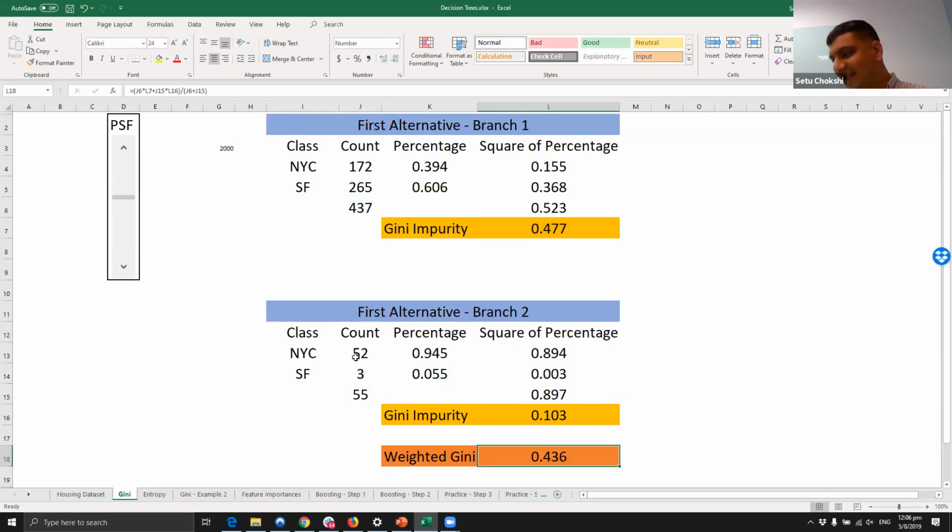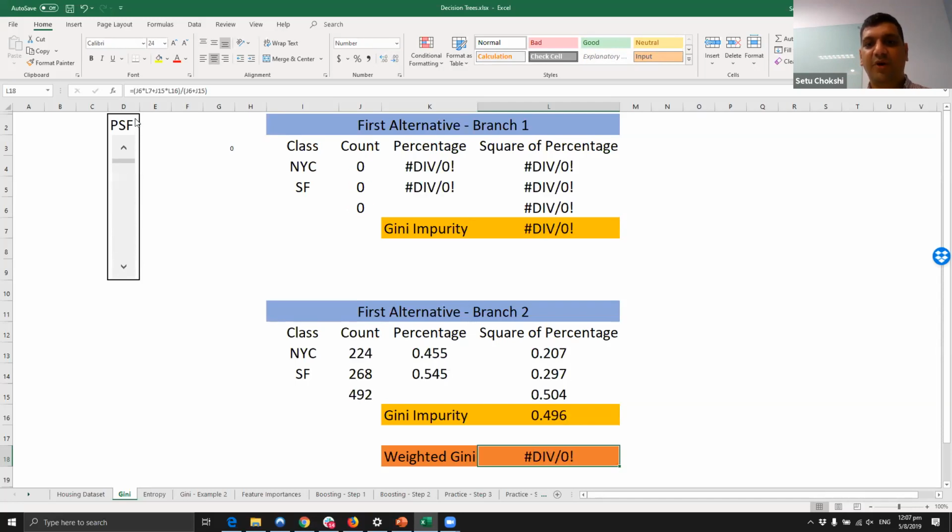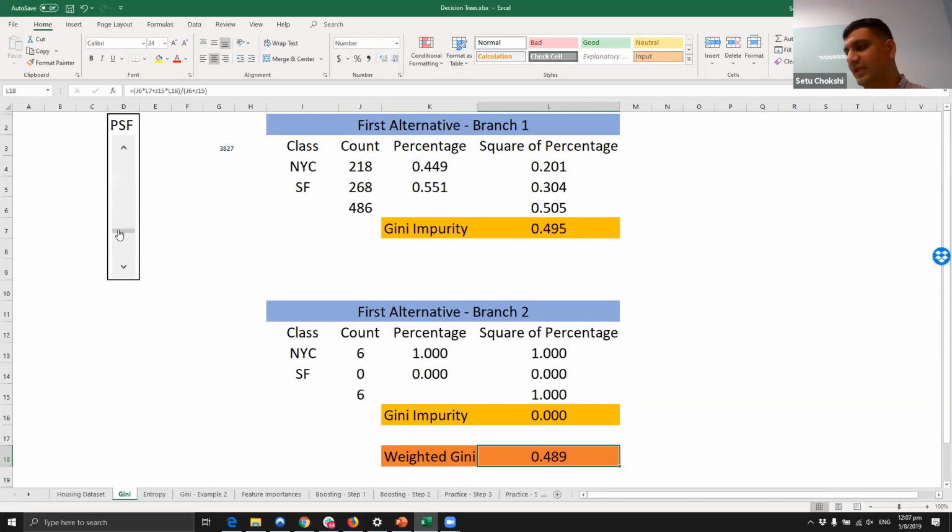Now this is a value that I need to minimize. My question to you is, play around with this PSF in the file that I shared and post on Slack what the value of PSF is that minimizes my weighted Gini index. So play around with this and see at what value it becomes the lowest.